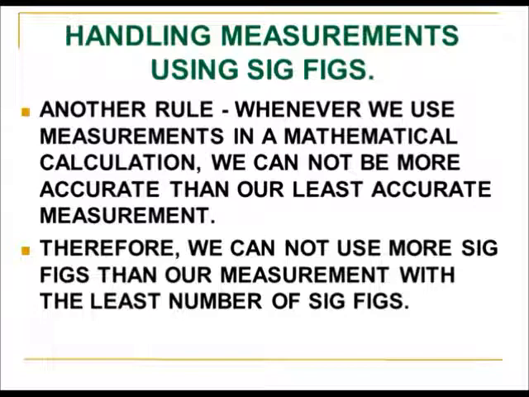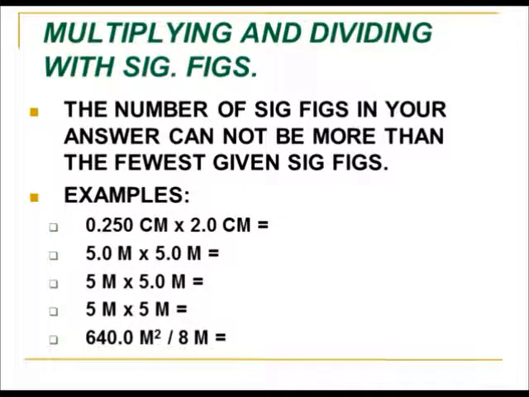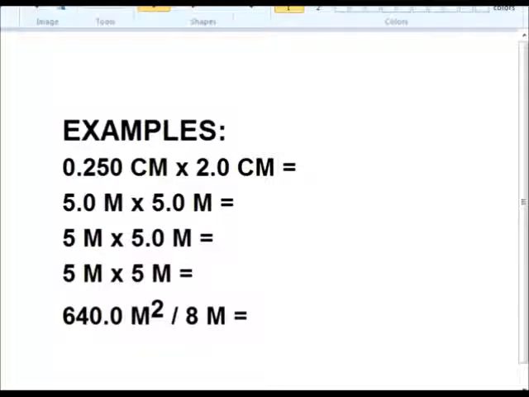Okay, so here are some examples on the next slide. I need to figure out the number of sig figs here and see how they cannot be more than the fewest given sig figs. Let me switch over here to where I can write. I've got 0.250 centimeters times 2.0 centimeters.